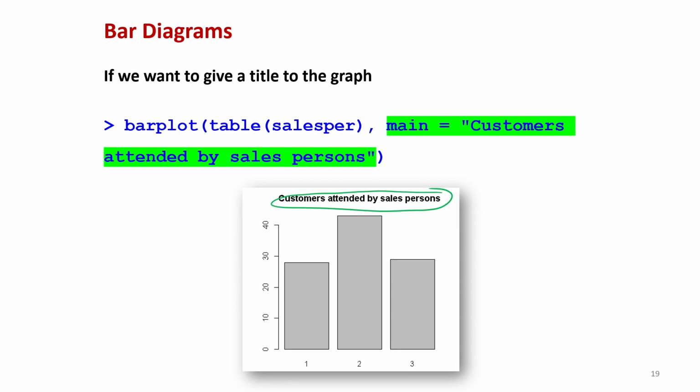For that, in the same bar plot command which you have used earlier, you have to use the option main, MAIN, and then equal to, within double quotes you write the title whatever you want, and you will get the same title. So for example, here I am typing within double quotes customer attended by the salesperson, and the same thing is coming when I execute it on the R console.